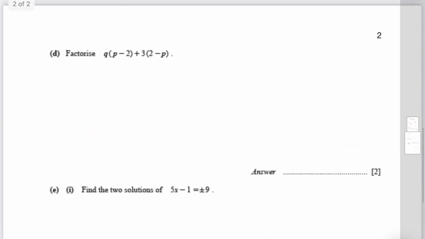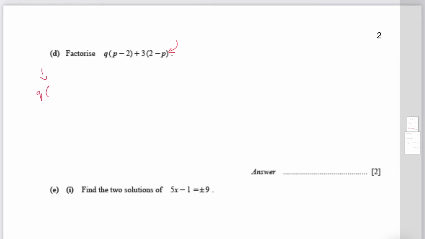The next part says factorize q times p minus 2 plus 3 times 2 minus p. If you notice, if you flip this around and if you take out the negative sign out of 2 minus p, this becomes p minus 2. This is what it looks like.